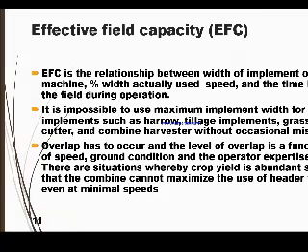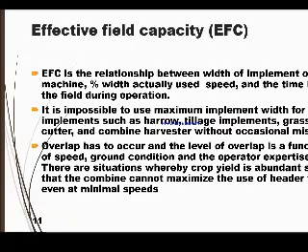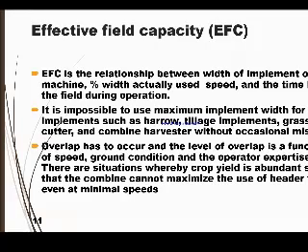EFC is the relationship between the width of the implement or machine, percent width actually used, speed, and time loss in the field during operation. It is impossible to use maximum implement width for implements such as harrow, tillage implement, grass cutter, and combine harvester without occasional misses.